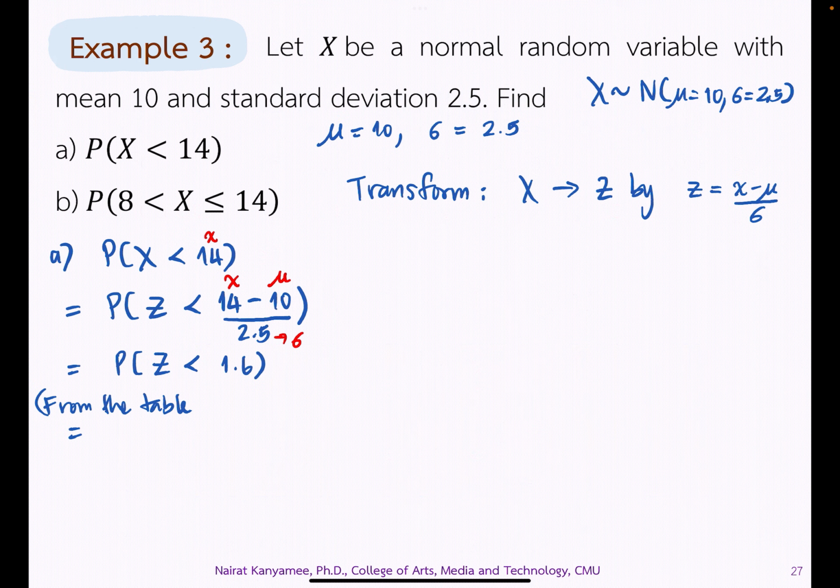So from the table, P of Z less than 1.6 is 0.9452. This is from the table, and the answer is just that.